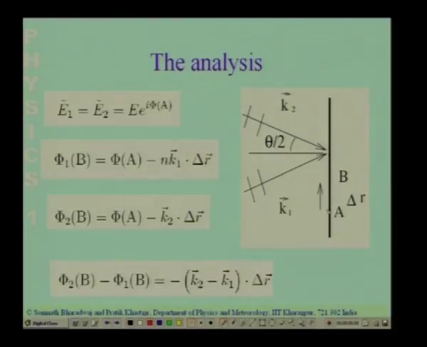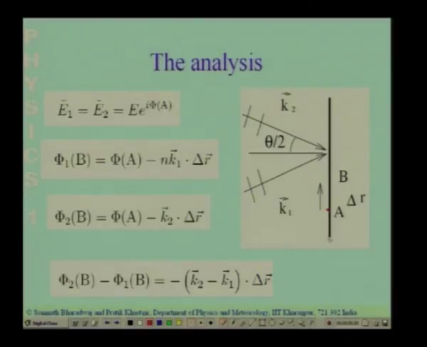So, let us say that the point A over here is such that both waves arrive at exactly the same phase at this point A on the screen. So, this is the screen, this is the wave vector of the wave which is travelling upwards, one of the waves k1, this is the wave vector of the other wave k2. They both make an angle theta by 2 with respect to the normal to the screen.